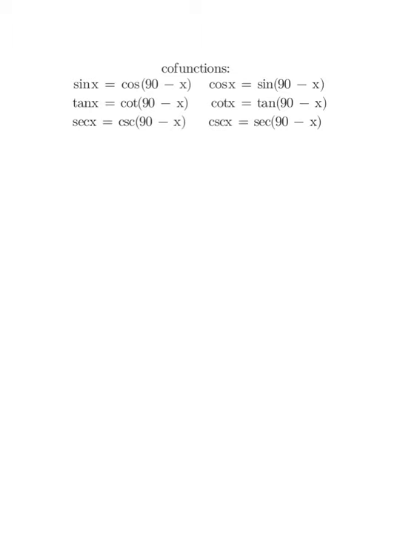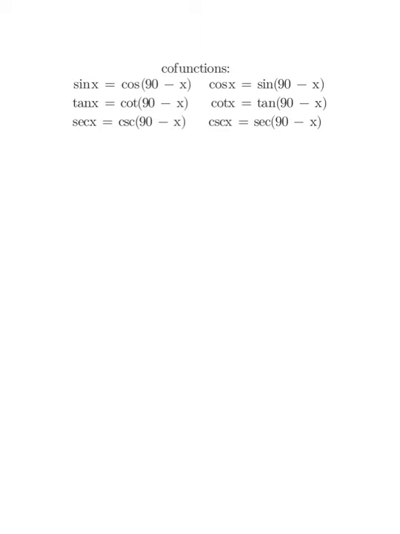As a reminder, I have listed the cofunctions here. It's helpful to try to remember that when you are talking about cofunctions, for example, sine is a cofunction with cosine. The letters CO are always on the front of the cofunction.